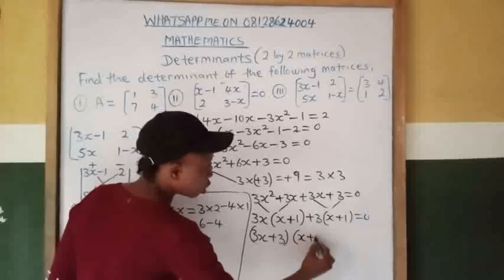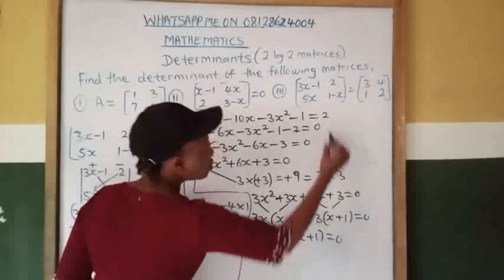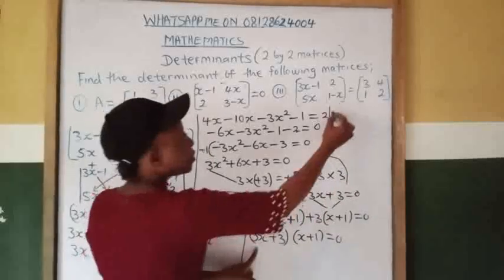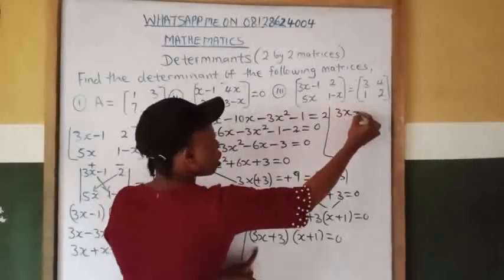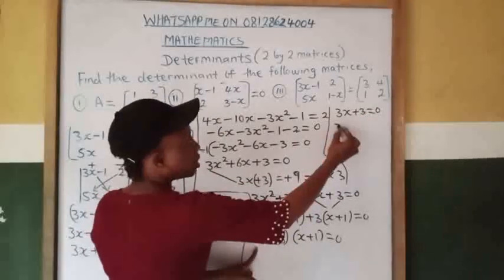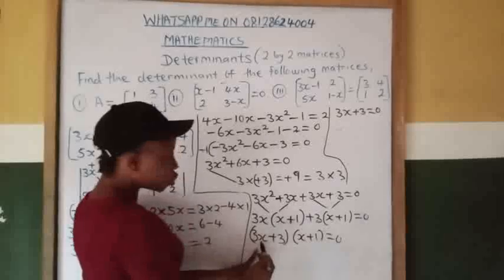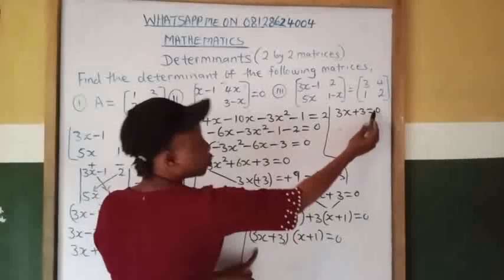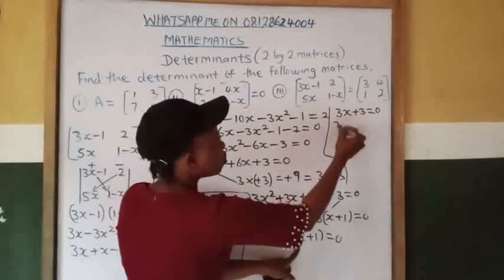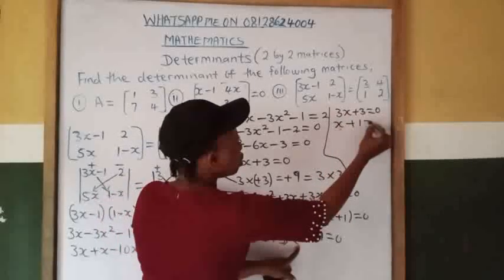We have x plus 1 equal to 0. Now finally, we are going to have 3x plus 3 equal to 0, or x plus 1 equal to 0.